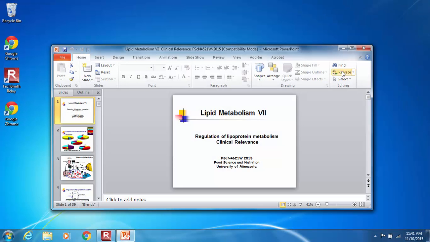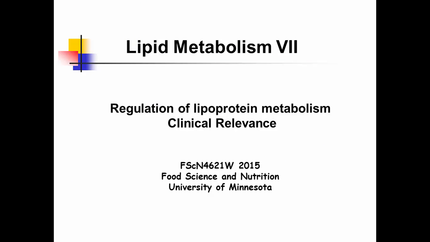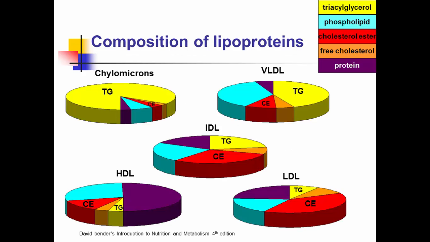All right, so let's move on to lipid metabolism 7. Regulation of lipid metabolism, and I'm also going to talk about some clinical relevance, right? And just go over again the 5 different lipoproteins, like the composition of the lipids, which is quite different.